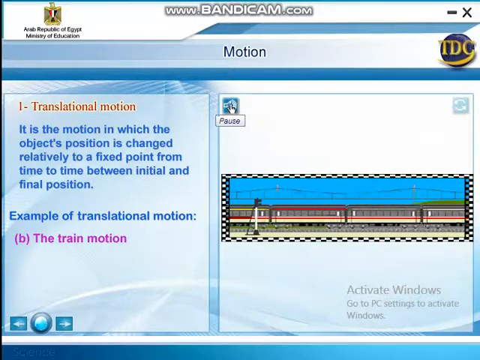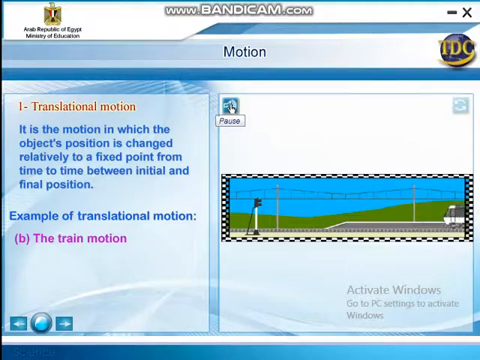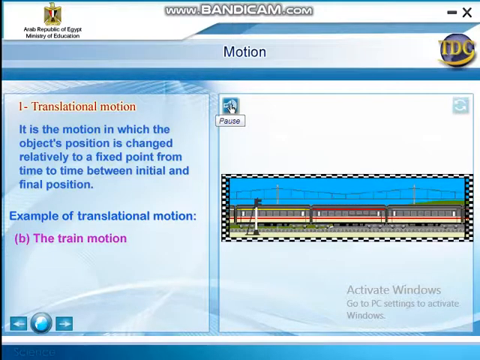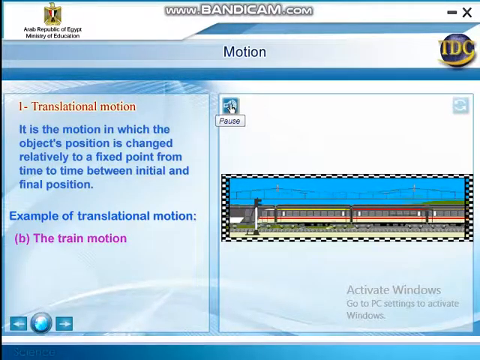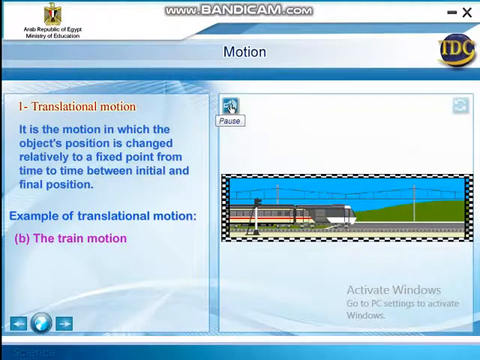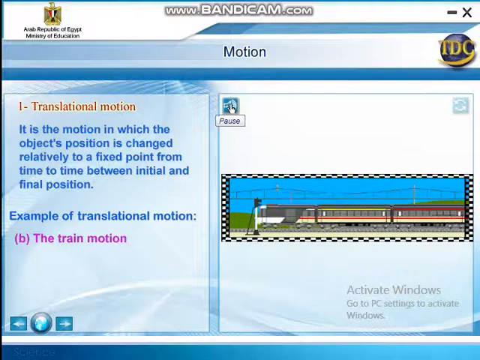Everything that moves with initial position and final position, its motion is described as transitional motion.